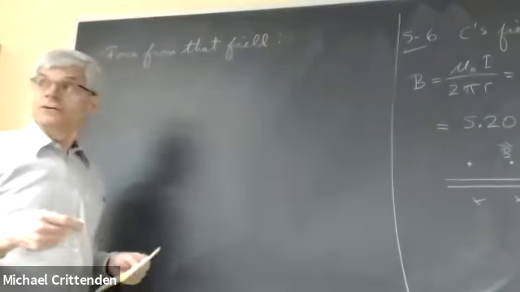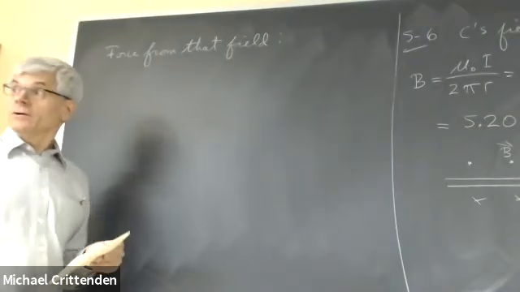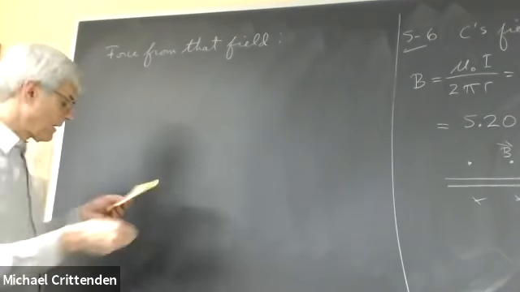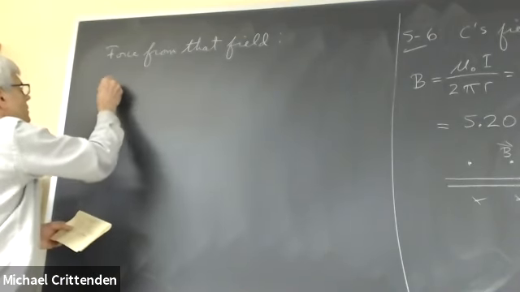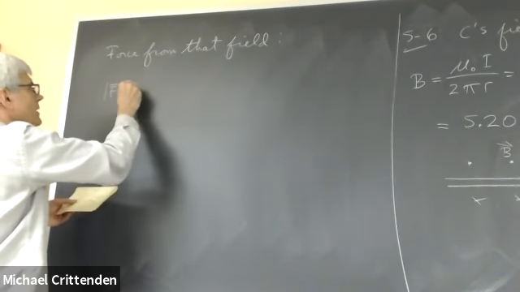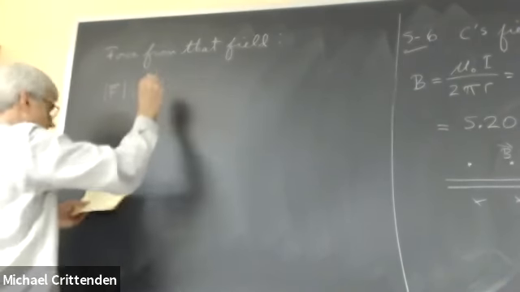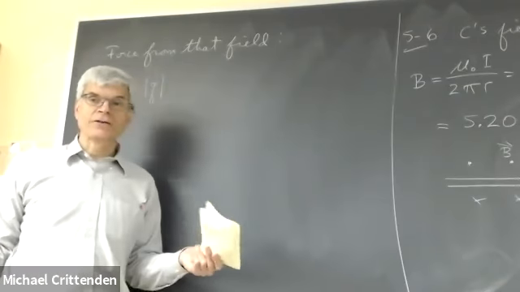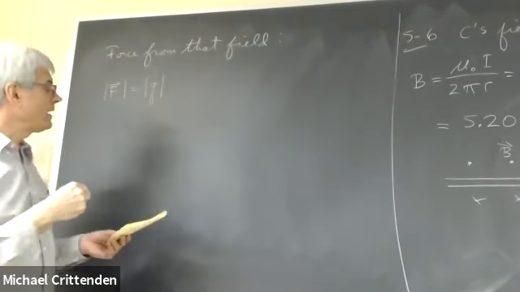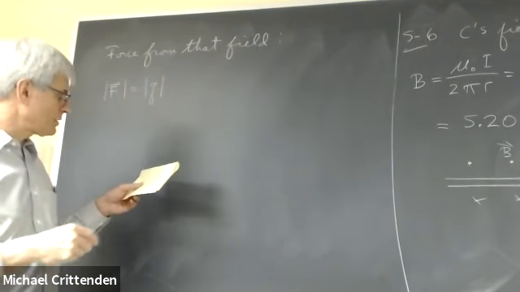So as I started to write before, the magnitude of the force, first of all. Since I'm only calculating a positive number of newtons, that's why I ignore the minus sign on the charge of the electron.